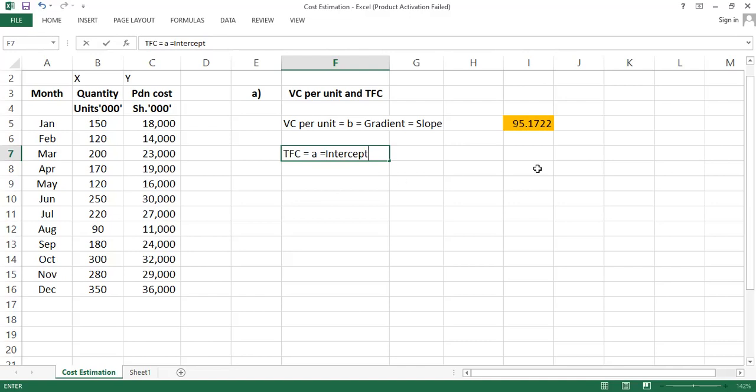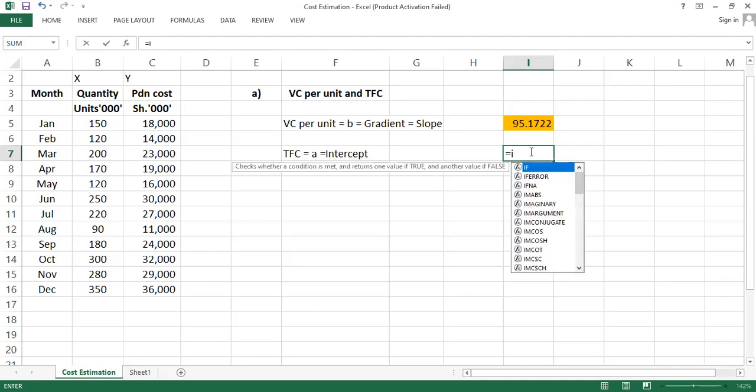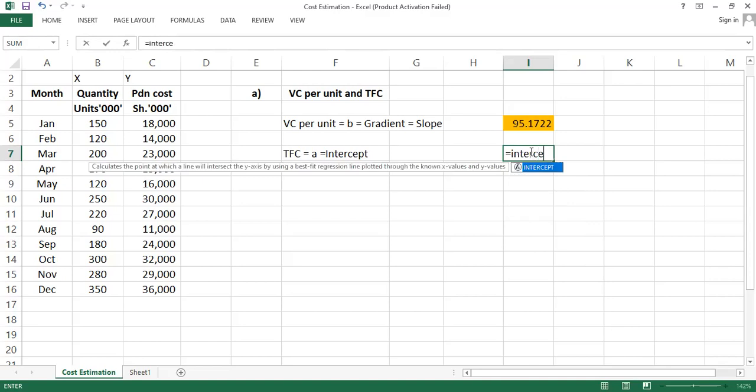And being a function also, to get it, we shall start with an equal sign. So we shall say equal to, what we want is the intercept.